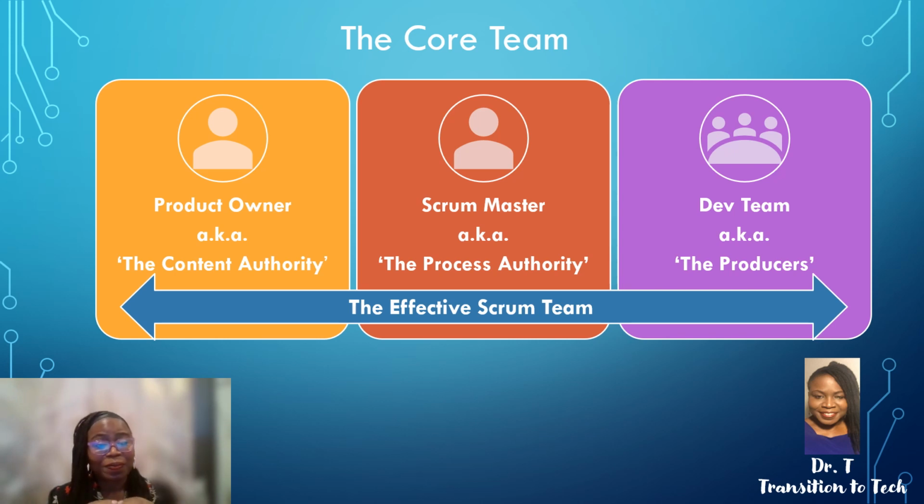So that's the team. It's a very small team, but it can be a very effective team if we have that Scrum Master there guiding each team member in their specific capacity and making certain that blockers and impediments are removed.